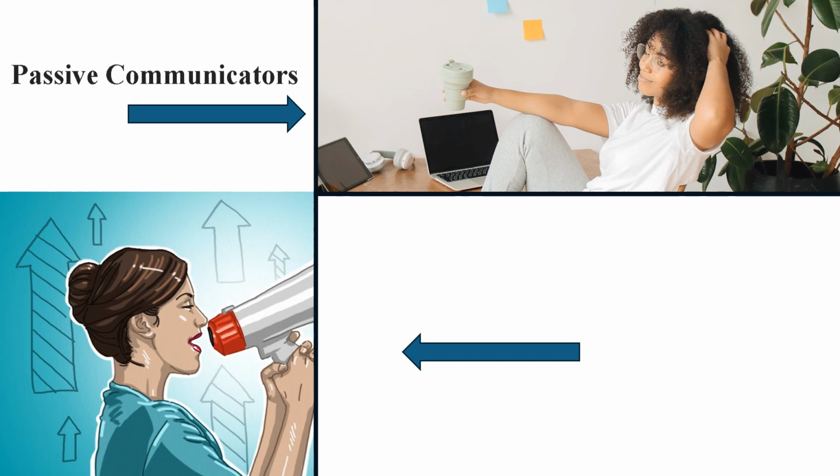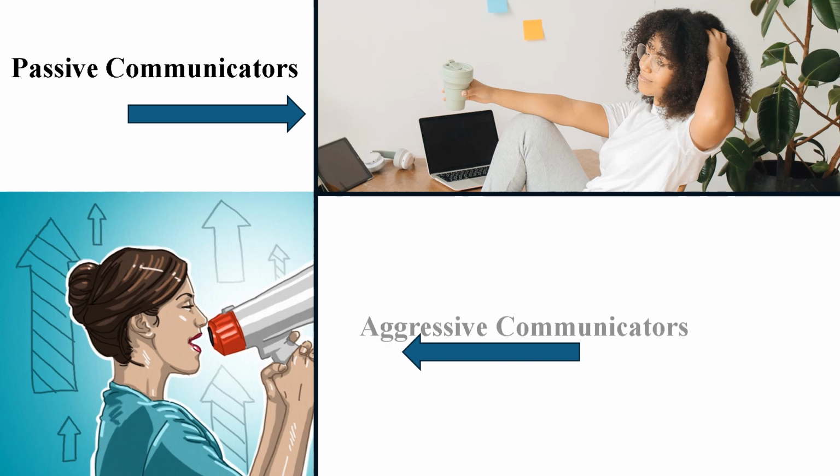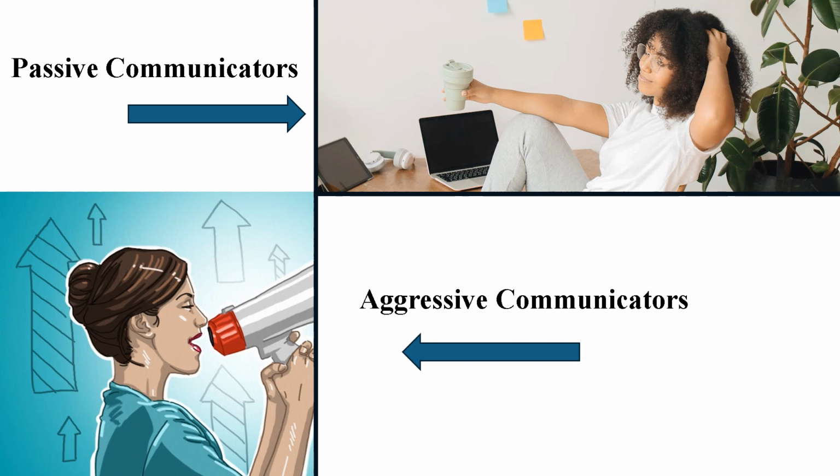Here we have our passive communicators laying back, and look at the other screen, and you see a person with a bullhorn, leveled up communication, if nothing else. They want to be heard, they have a bullhorn, and they're the aggressive communicators. More aggressively, they're trying to express their point, where the passive communicator is just trying to avoid confrontation.